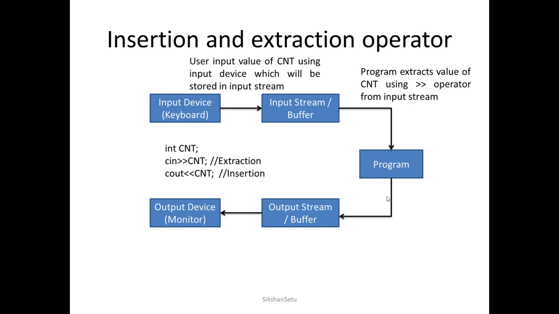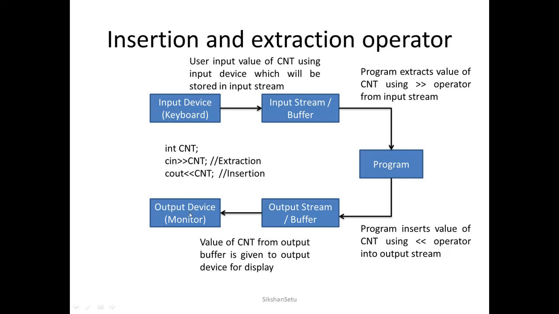After that, when cout cnt is executed, the program inserts the value of cnt using the insertion operator. It inserts the value into the buffer, and the buffer's value will be sent to the output device for display. So this particular operator is used to extract a value from the buffer, from buffer to program, meaning it extracts.